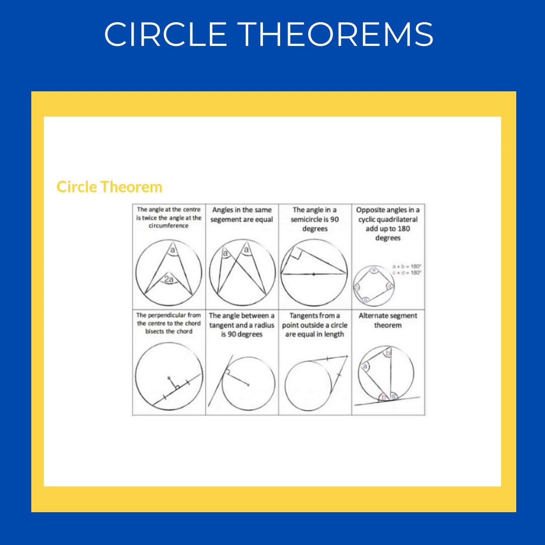The fourth rule is opposite angles in a cyclic quadrilateral add up to 180 degrees. Now, a cyclic quadrilateral is a quadrilateral that is inscribed in a circle, and each corner point of the quadrilateral touches the circle. So if the 4 points touch the circle, then the quadrilateral is called a cyclic quadrilateral.